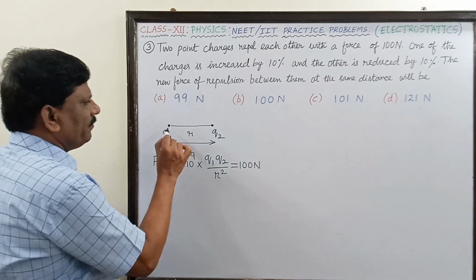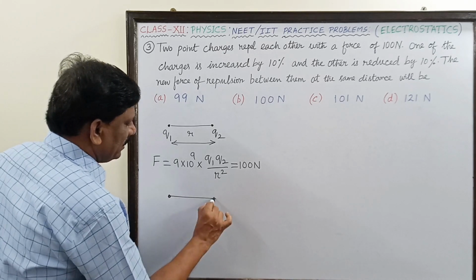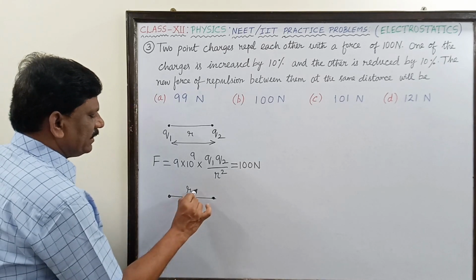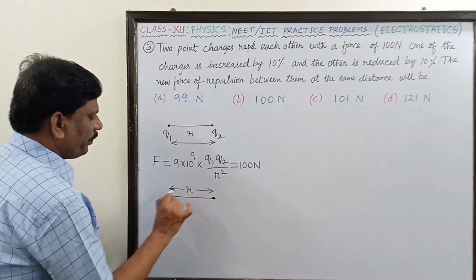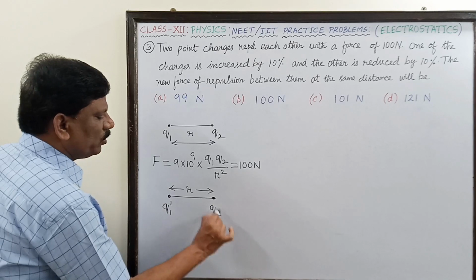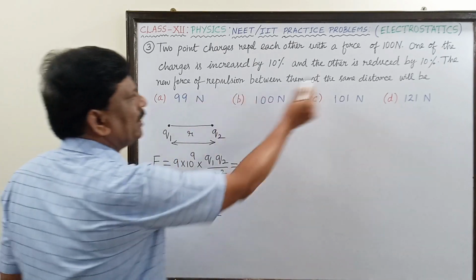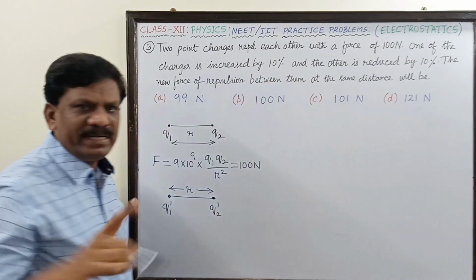Now in the next case the charges are revised at the same distance R. So this is Q1 dash and this is Q2 dash. It is given that one of the charges is increased by 10%.